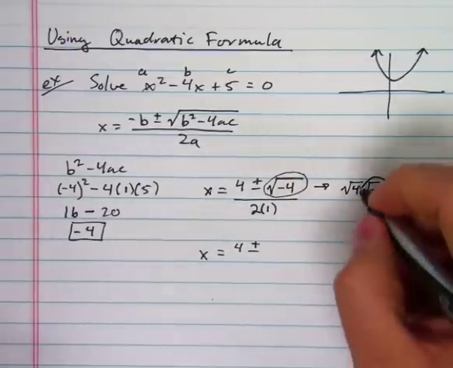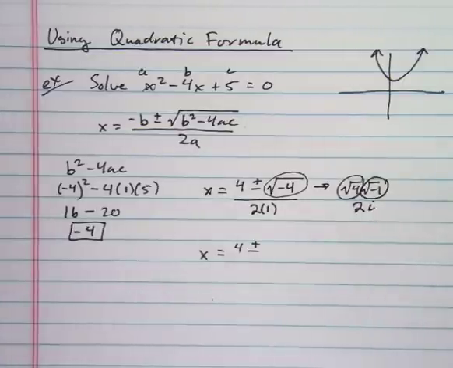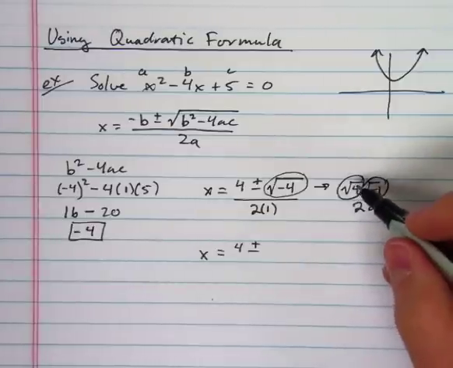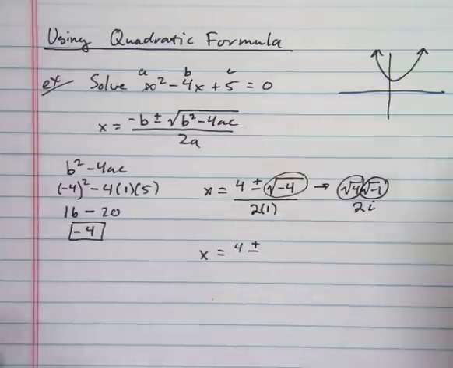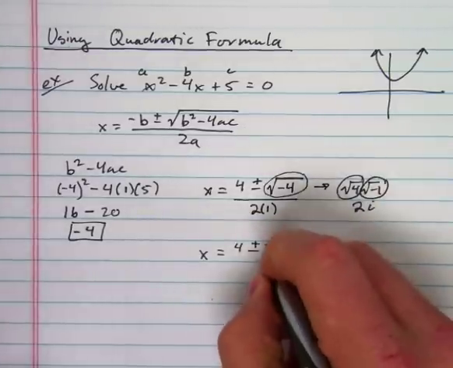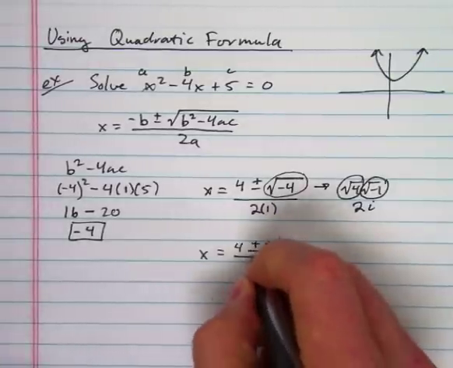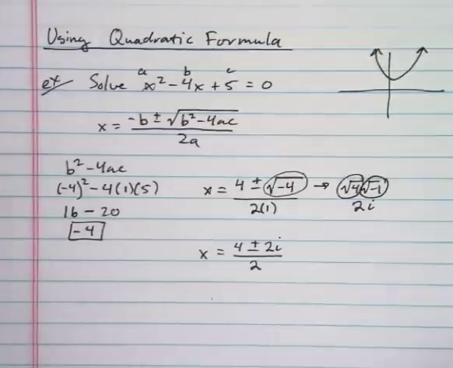The only thing we got to do here then is with the square root of 4, that's 2. Now if this square root hadn't come out evenly, if it was like the square root of 5, I would have just left it. But since the square root of 4 is 2, I'm going to do that. So I'm going to take that and put it where that square root used to be. And this is all going to be divided by, well, 2 times 1 is just 2.